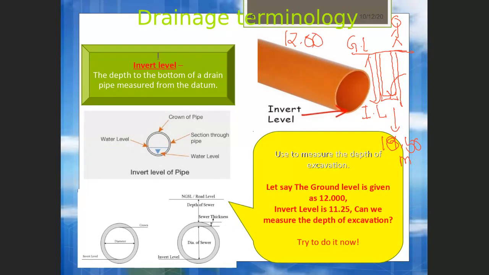Moses, is Moses there? Tan Zijing, Moses Tan Zijing, or Li Tianlong. I give you the ground level, I give you the invert level. How do you get the difference? Look at this. Is Lo Zesian there? Can you try? Farah?